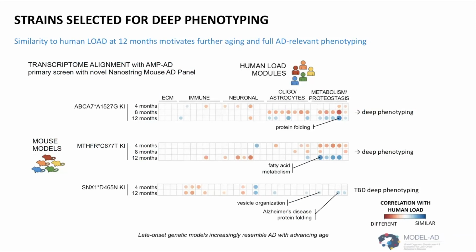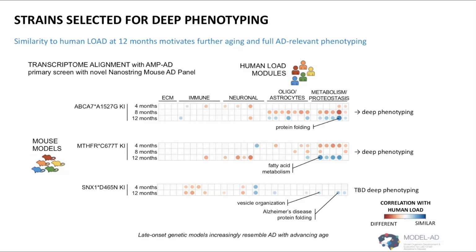And then using this NanoString mouse AD panel that has been developed by people like Christoph Preuss and Greg Carter and others at Sage, we can now assay the transcripts of sets of genes that reflect these human modules to ask, in a new mouse model versus a control, does that transcript change in a similar way to how it was changing in human AD?